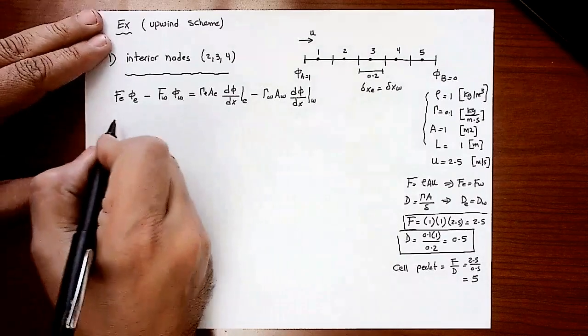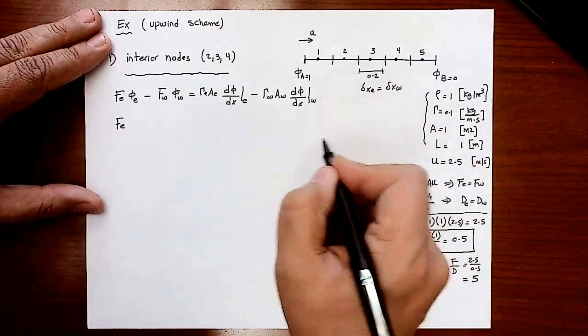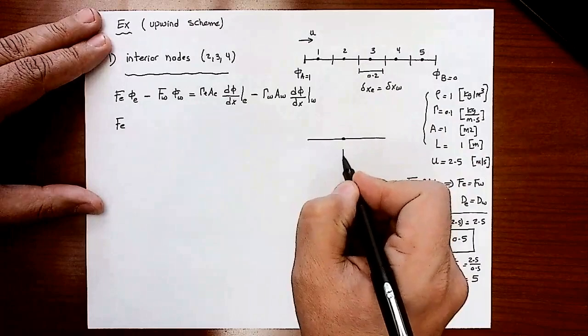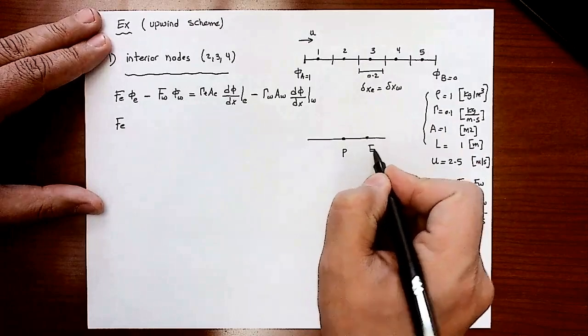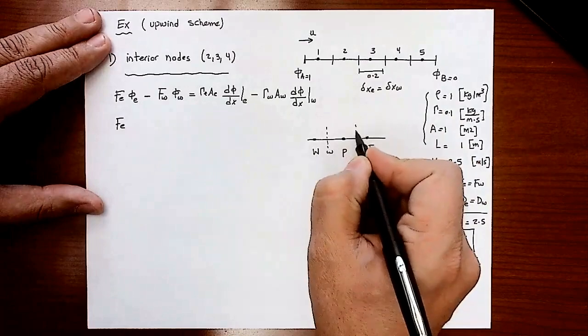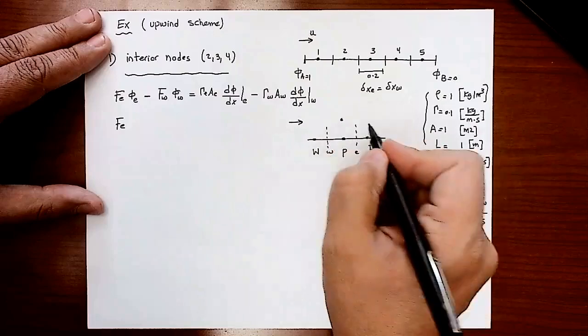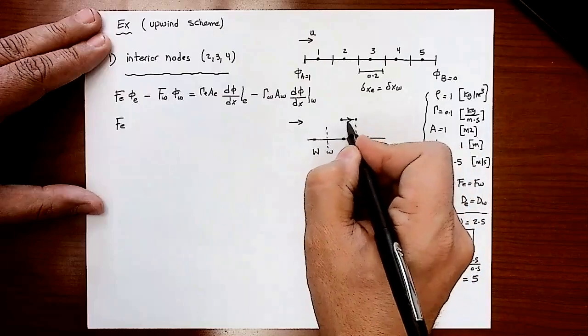So let's do it, so I have F east. Now we are looking for the interior nodes. So this is one of the interior nodes, P, and this is E, and this is W, and this is the west face, and this is the east face. The flow is going in that direction.